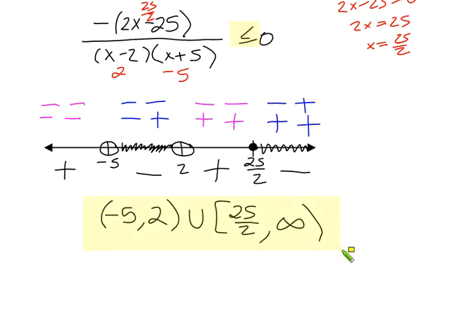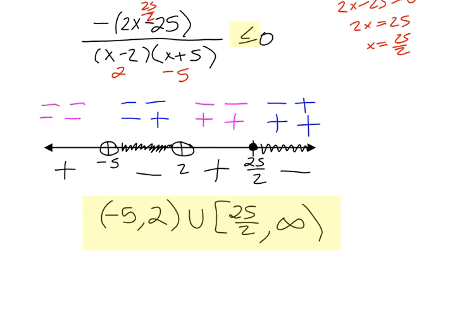So rational functions are very similar to polynomial functions when handling inequalities. The key thing is, remember, denominator key numbers are always going to be open dots. The numerator, we will have to look at whether it's a strict inequality or whether we're allowed to have the or equal to option.